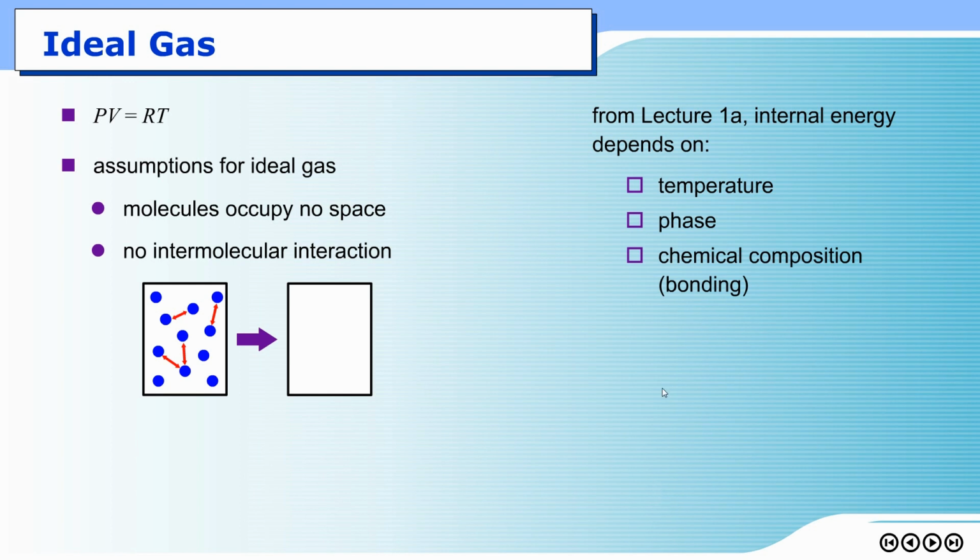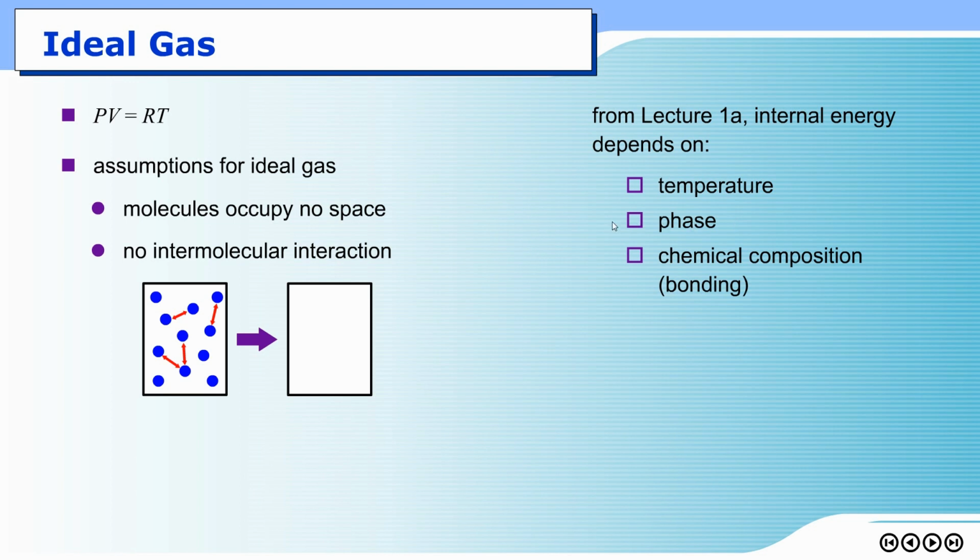If we apply these three factors to ideal gas law, you should notice that since ideal gas is applicable only for gas, the phase here is already explicitly described as gas.